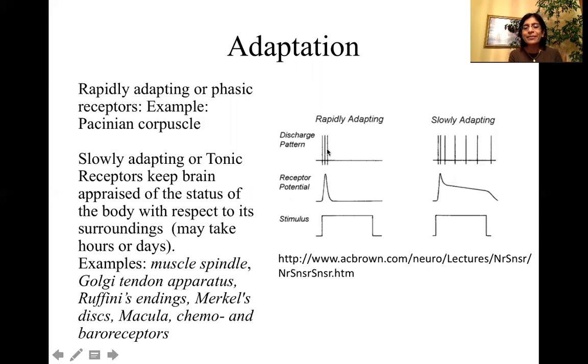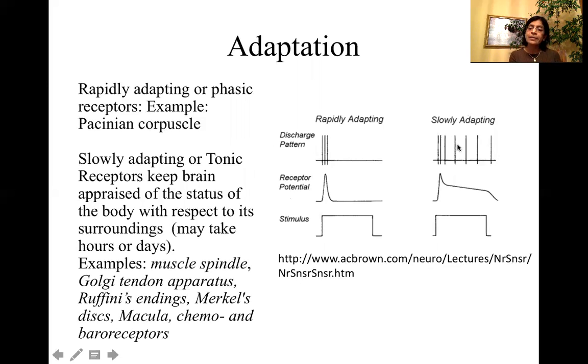You have about 3 action potentials generated in response to the initial stimulus, but when the stimulus is maintained, they stop responding to this stimulus. Pacinian corpuscle is an excellent example of that. There are some touch receptors that would do the same.